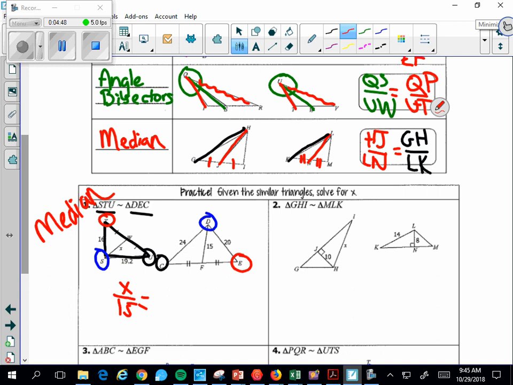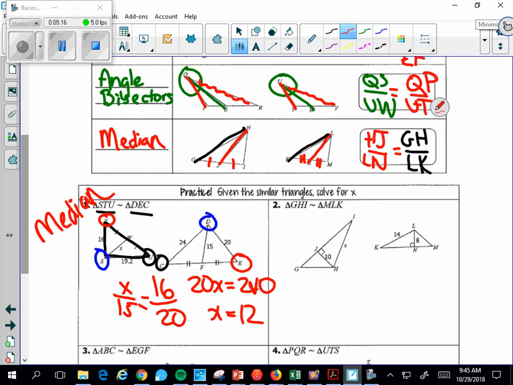I can pick either pair of sides. I'm going to go with 16 and 20 because they're better looking numbers than 19.2 and 24. Then it just becomes a problem like we're used to solving. 20x equals 16 times 15, which is 240, and x equals 12.